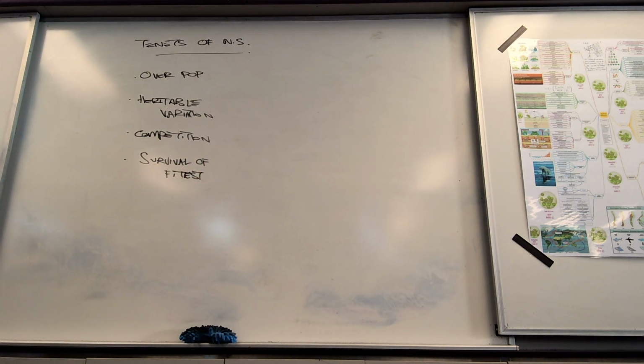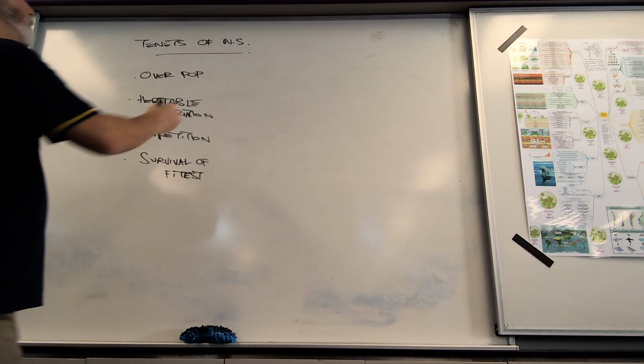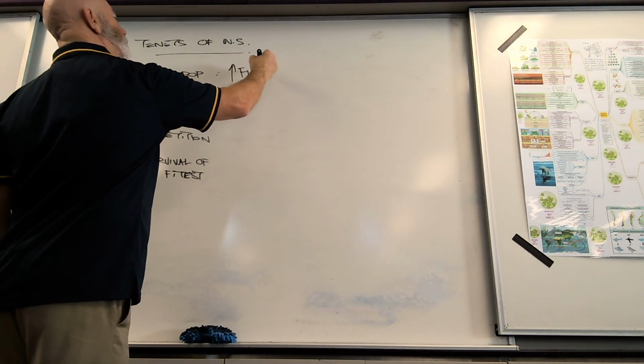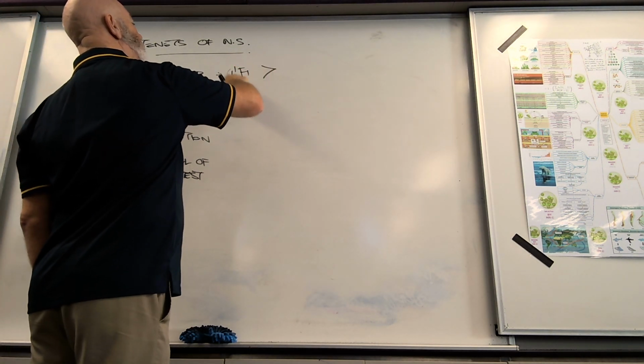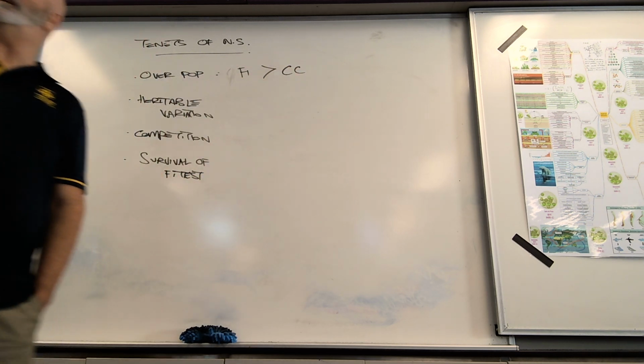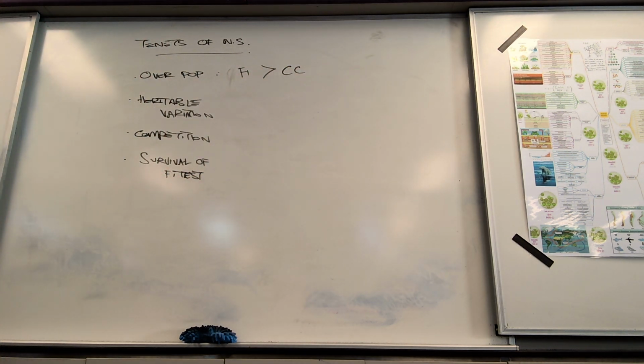Okay. Overpopulation means that there's more offspring born than the carrying capacity, than the environment can sustain. There's limited resources and there's too many offspring born than can all survive. Okay?